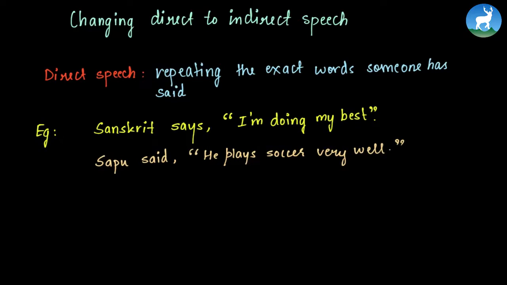This is direct speech. Whereas in indirect speech, we report something was said by someone by not quoting the exact same words, but by rephrasing them. So we do not use the exact same words said by someone in indirect speech.